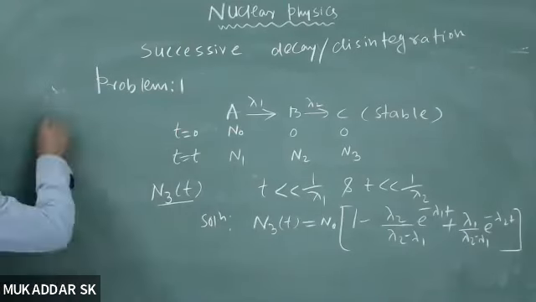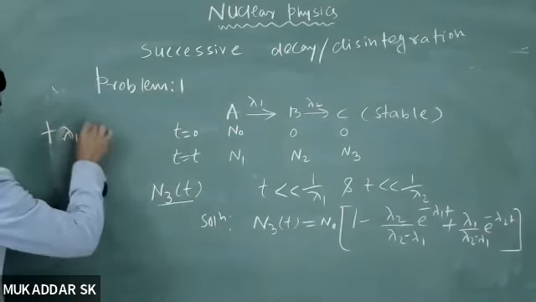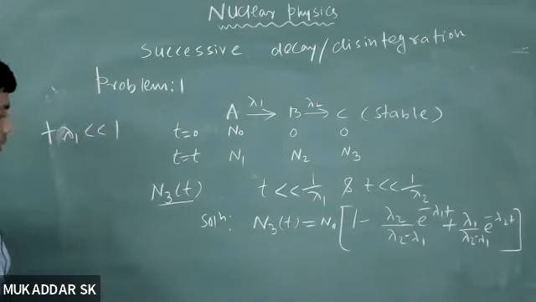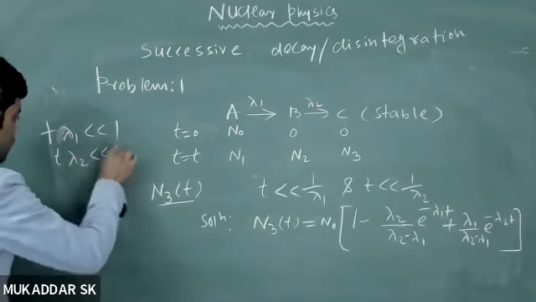This means t lambda 1 is much smaller than 1, and similarly t lambda 2 is also much smaller than 1.